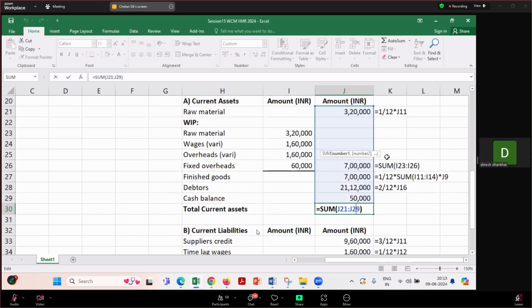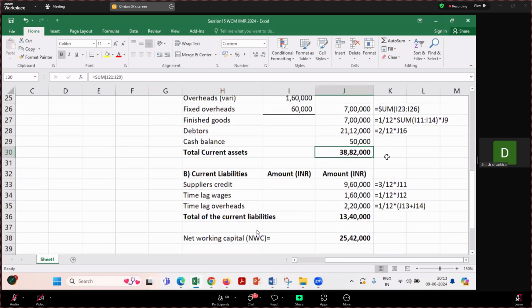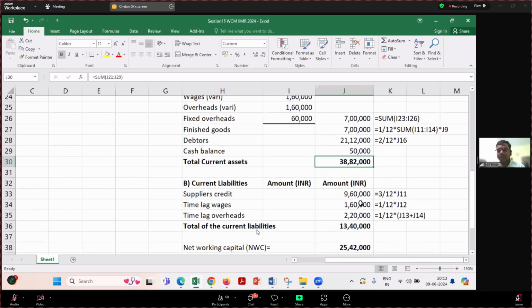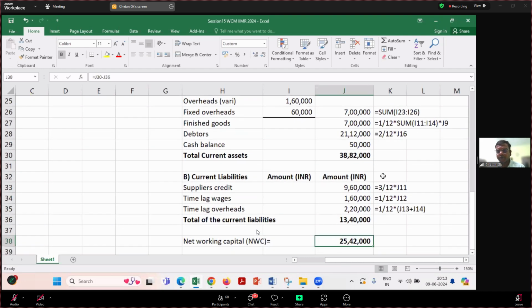Sir, my question is, for this company, the final net working capital is this 25 lakh 42,000. That is what they should keep. Yeah, working capital is coming up to 25 lakhs 42,000, but you should have current assets to the tune of almost 39 lakhs.